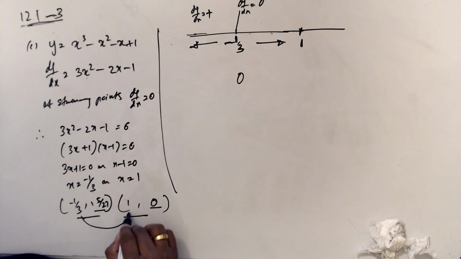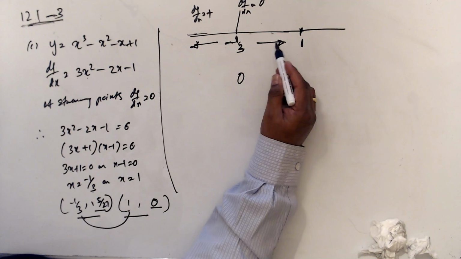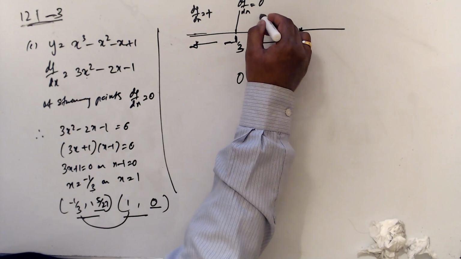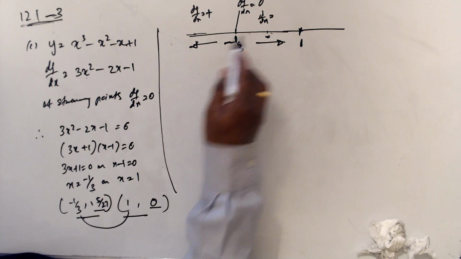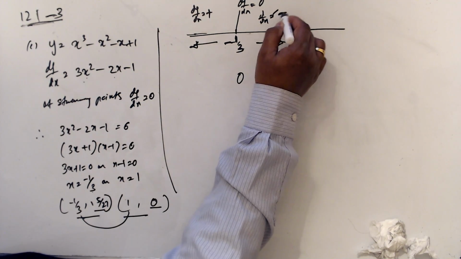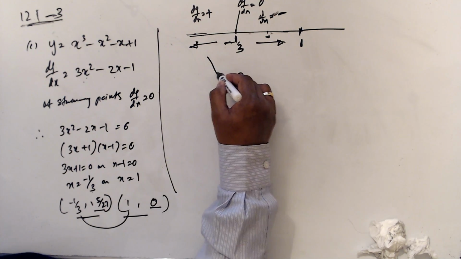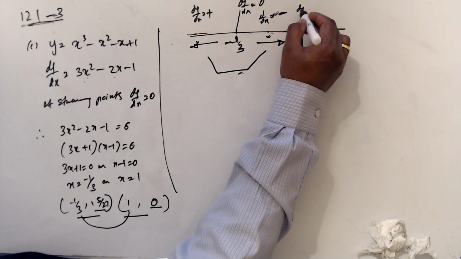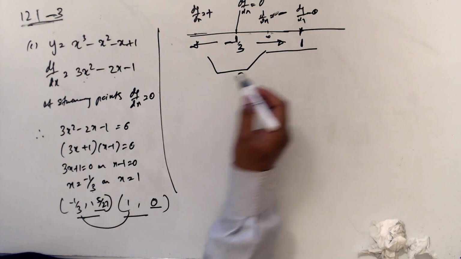So the next region has to be between minus 1 over 3 and 1. In that case, let's say 0. When you put 0, this is 0, this is 0, negative. So this is negative. It means the gradient is like this. Now here again dy by dx equals 0.